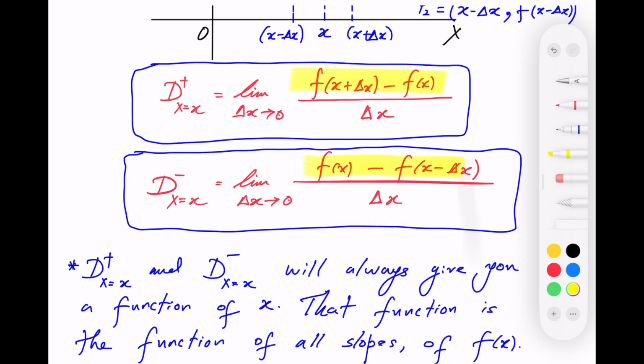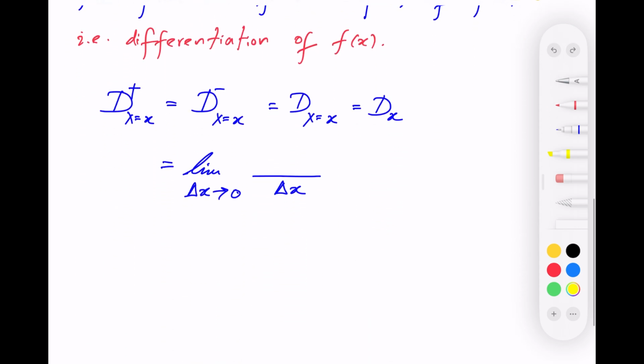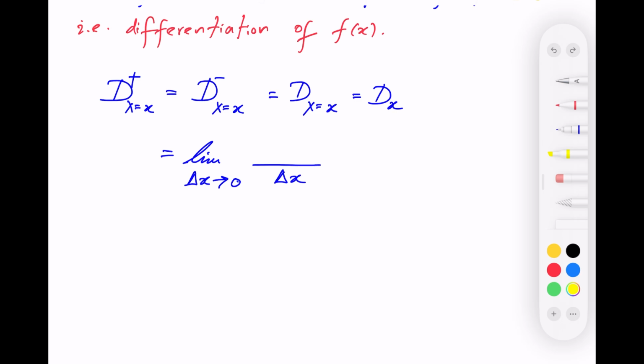Here also it is the difference of y coordinates. The difference of y coordinates can be written as delta y. Therefore, another symbol widely used for the differentiation of f of x is limit as delta x approaches 0, delta y divided by delta x.